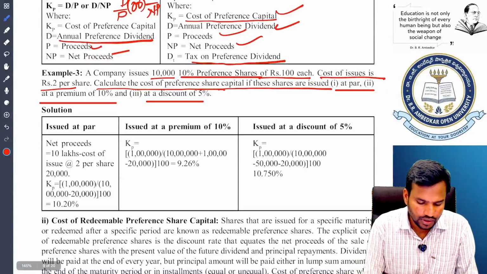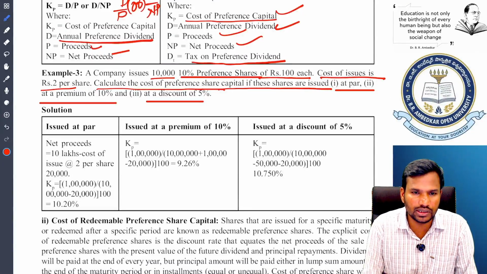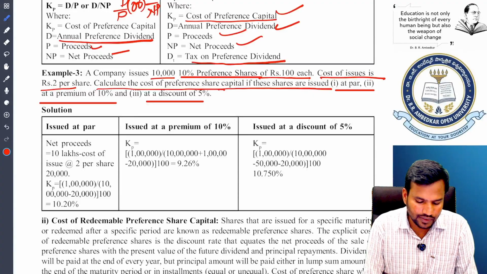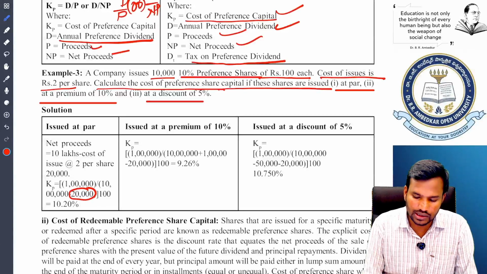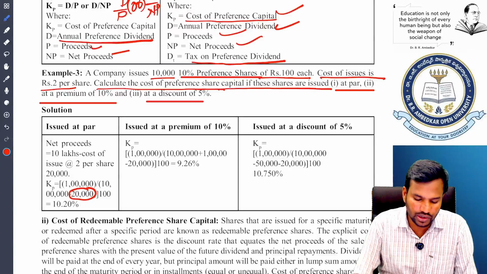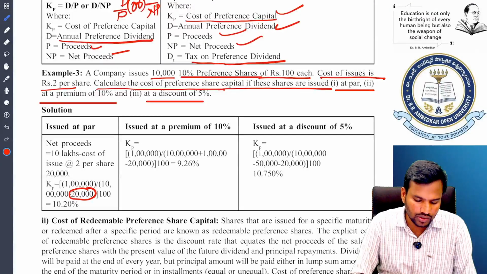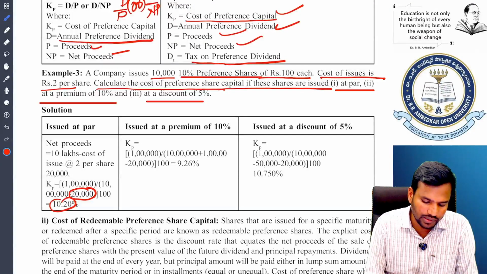KP, cost of preference shares, is equal to 1 lakh divided by 10 lakhs minus 20,000. Why minus 20,000? This 2 rupees per share is the cost of the issue. From net proceeds we have to deduct 20,000, into 100, then 10.2% will become.